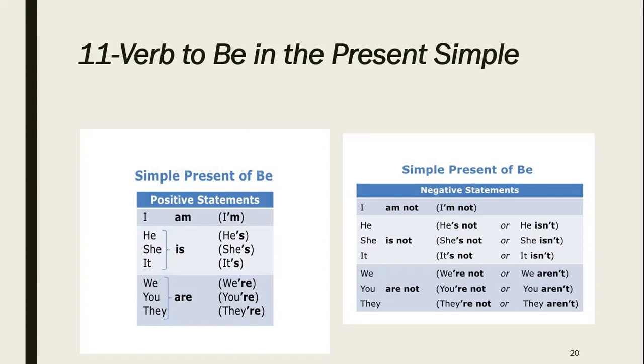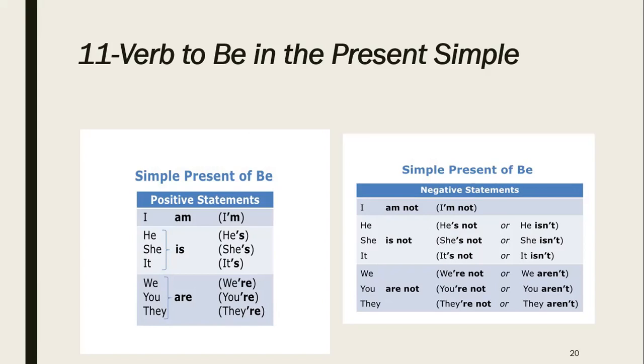And remember well here that the word not can be abbreviated, it can be a short form, with is or are, but with am, no. It can't be changed into a short form. So I am not, I am not, is the complete form.